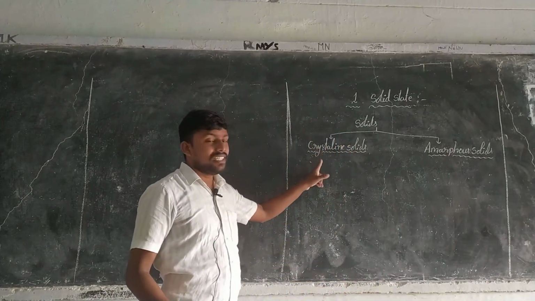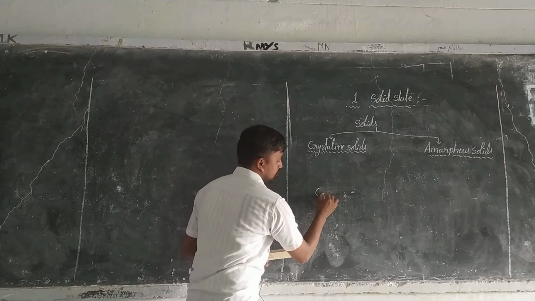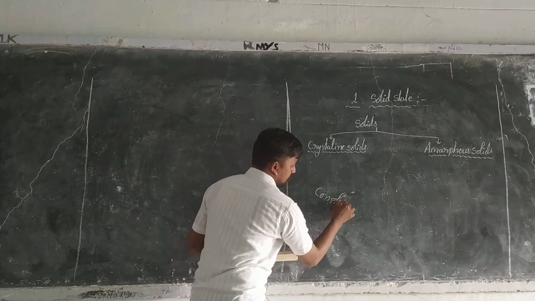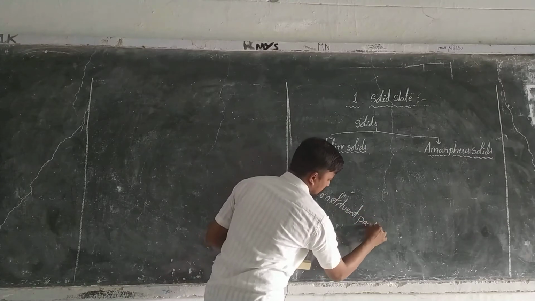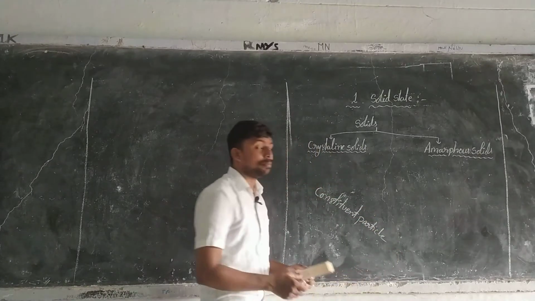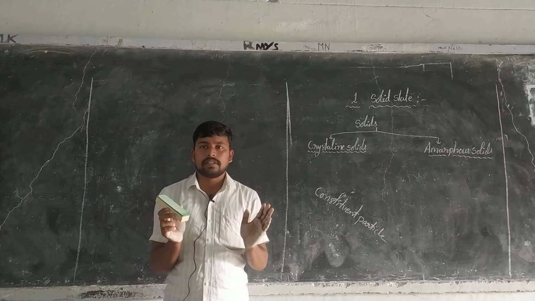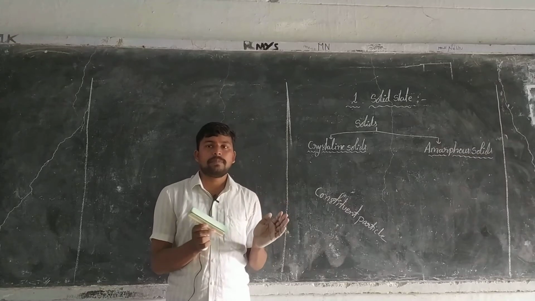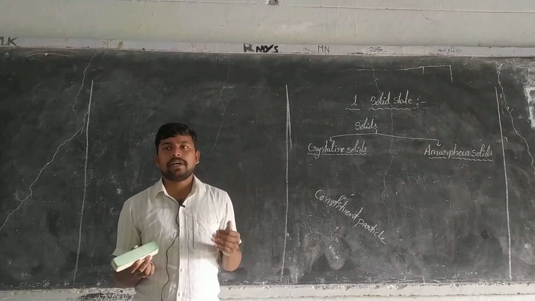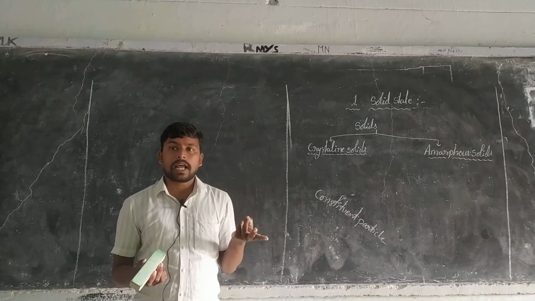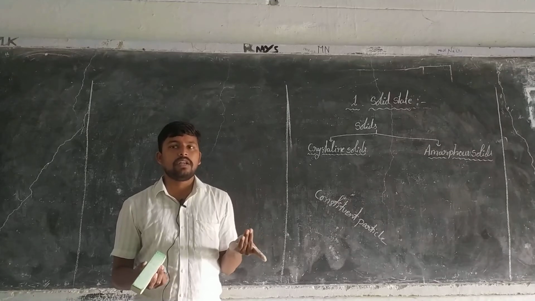So in crystalline solids, constituent particles means, if you take NaCl, here Na plus is a constituent particle, Cl minus also a constituent particle. So in solids, constituent particles may be atoms or ions or molecules. Okay, atoms aina avvachu, ions aina avvachu, molecules aina avvachu.